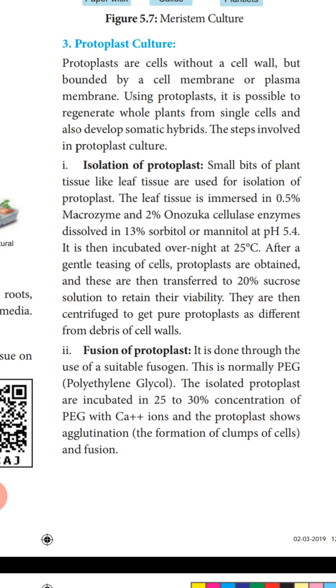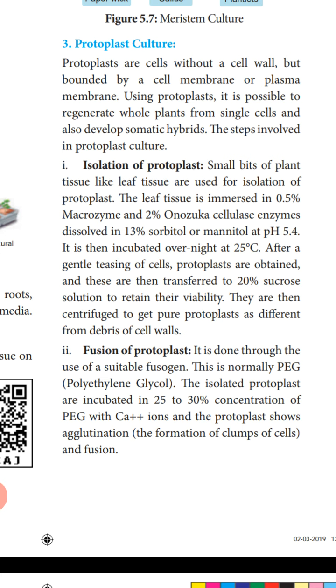Cellulase enzymes are used for breaking the cell wall. So the mixture contains 0.5 percent macerozyme and 2 percent cellulase enzyme, dissolved in 13 percent sorbitol or mannitol. This enzyme mixture is used for the isolation of the protoplast, and the pH is maintained at 5.4.